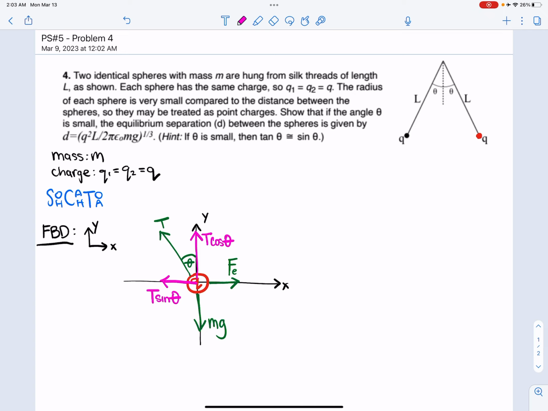And I know this angle is theta because if I drew my y-axis there and my x-axis there, and this was theta, then this is also theta, right?